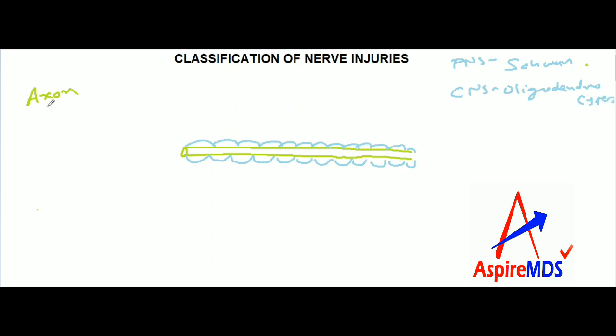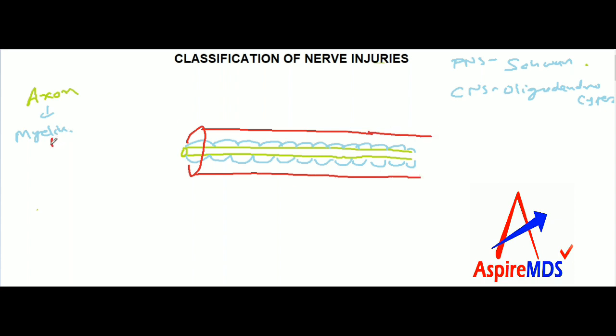So these axons are covered by myelin. Now this myelin is covered by a layer known as the endoneurium.